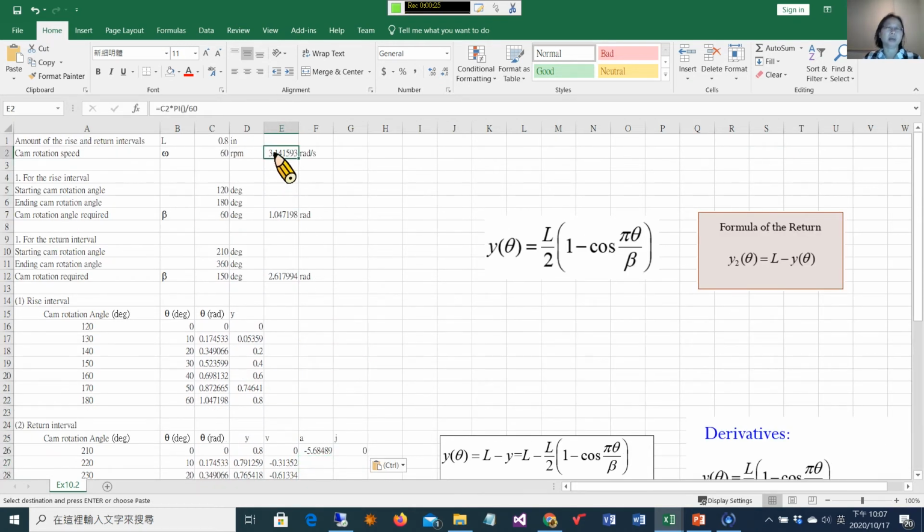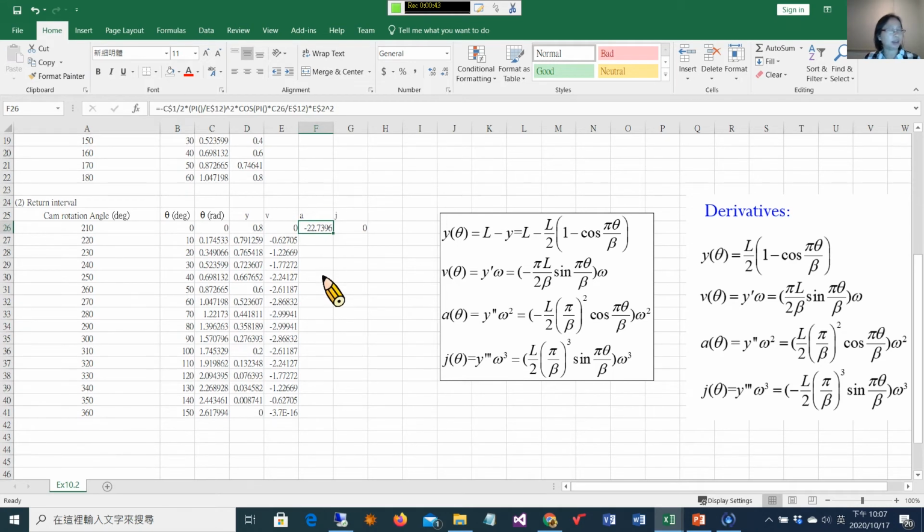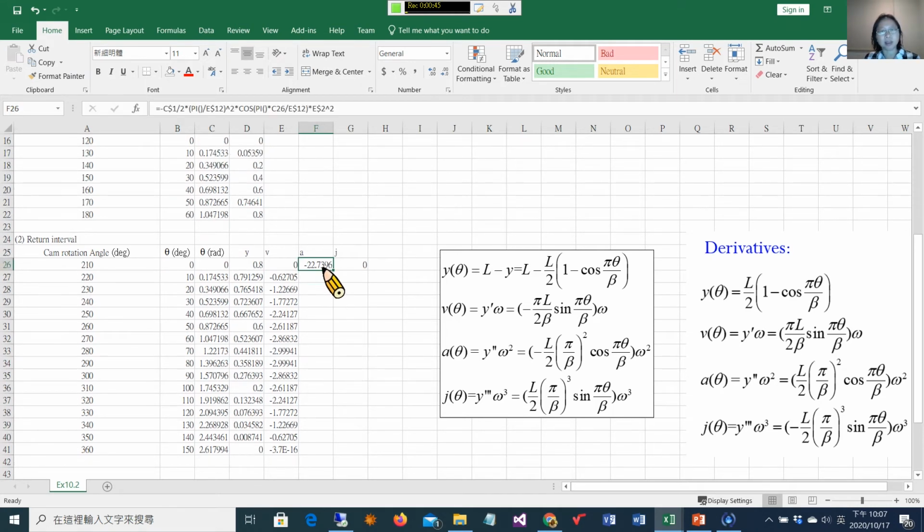Here, the cam tangential speed formula is times pi, but it is not correct. It must be times 2 pi. Enter. So I check it again. It's correct now.